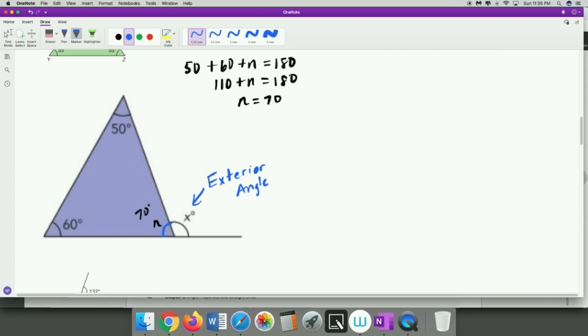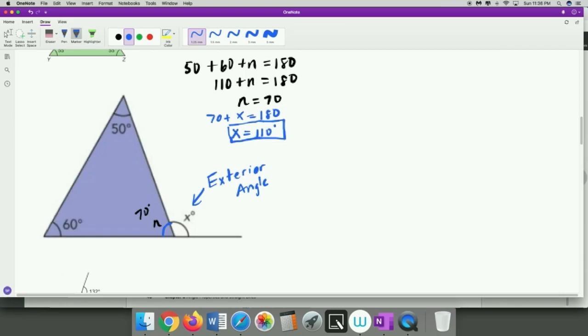So if I know that this is 70, my next equation could be 70 plus x equals 180. Subtract 70 from both sides, I wind up with x is equal to 110 degrees. So that's the answer to the question. X equals 110 degrees. So that's the long way.